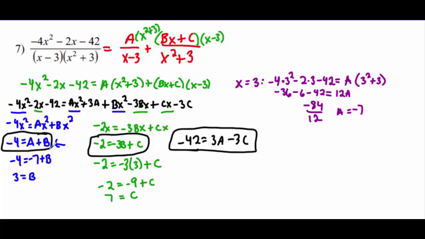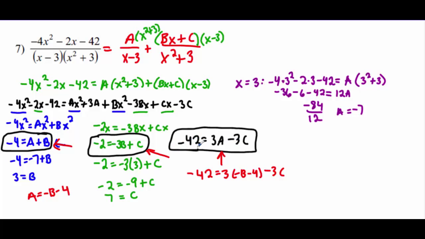Or what I did whenever I worked this out the first time is I solved this one for either a or b, I don't remember which, and then plugged it into whichever equation had that letter. Like you can solve for a is negative b minus 4, and then put it in this equation, distribute and work out what that would be, where it ends up having a b and c, and then use that together with this one to eliminate.